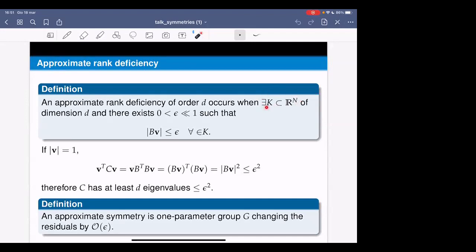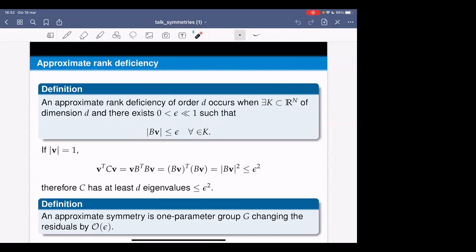there exists a subset K of R^n of dimension d, and there exists a small parameter epsilon, such that for each of the vectors v included in K, the norm of the product of the design matrix B and the vector v is smaller than epsilon.